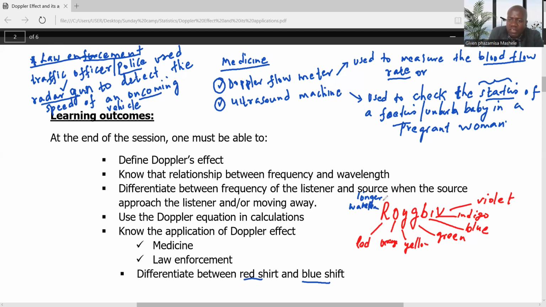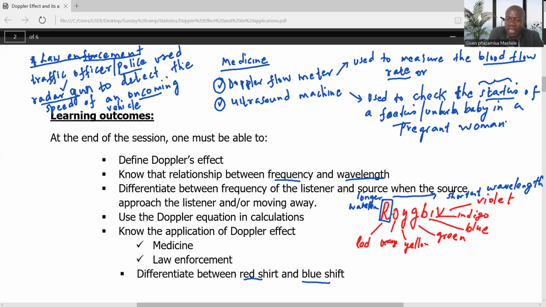Now, since I'm comparing red and blue, as you move towards the violet, that is the one with the shortest wavelength. And we know, according to what I said, that the higher the frequency, the shorter the wavelength.